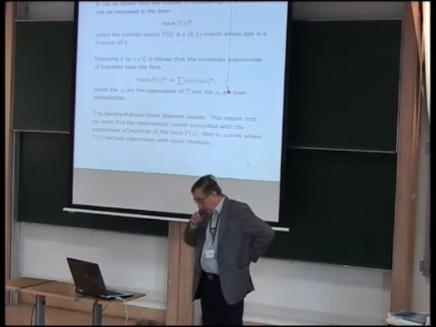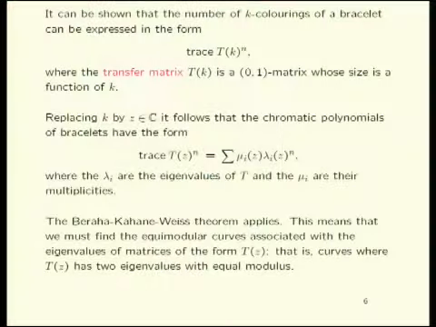The key to solving this problem, or at least the key to analyzing the dependence upon n, which is the length of the chain in physicist terms, is to notice that there's something called the transfer matrix, which is a 0,1 matrix. I'll say more about it in a moment. And if we just take the trace of that matrix raised to the power n, then that will actually give us the number of k-colorings. K is the number of colors.